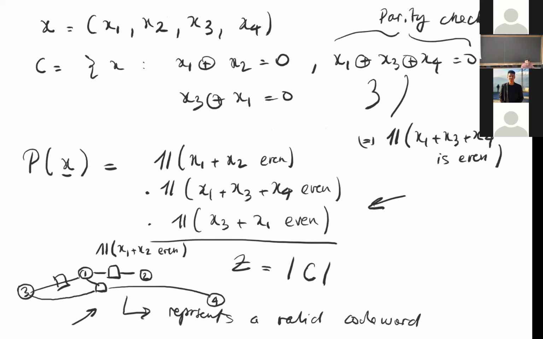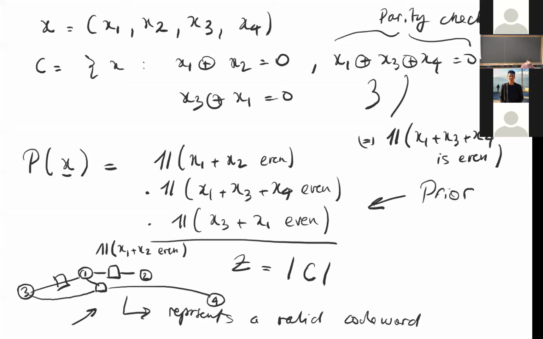Because only code words can be transmitted. So you can think of this distribution as a prior distribution that gives an a priori weight to the possible X's, the possible signals, the possible information that has been transmitted.